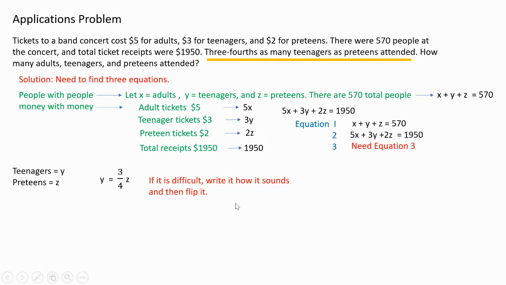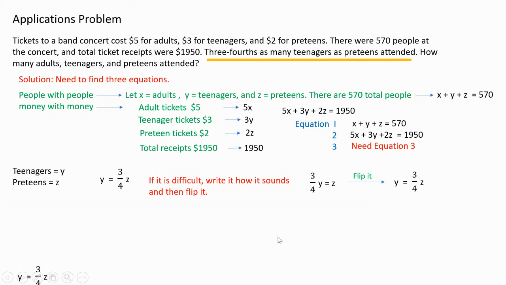It sounds like 3/4 Y equals Z, because the teenagers are Y and the preteens are Z. Then you switch the 3/4 from Y into Z. This is the correct form.